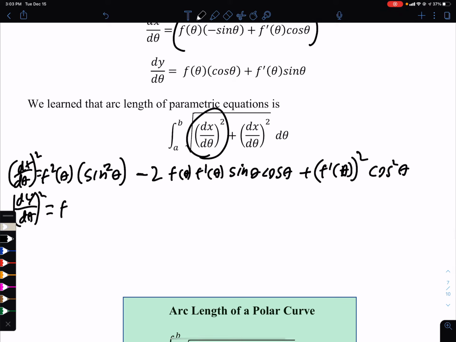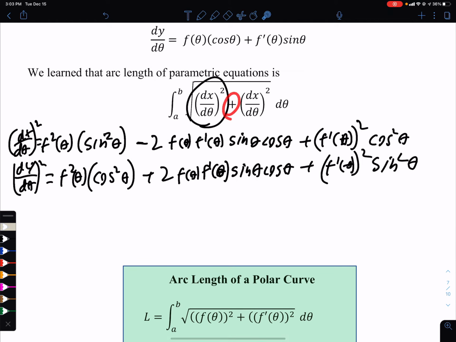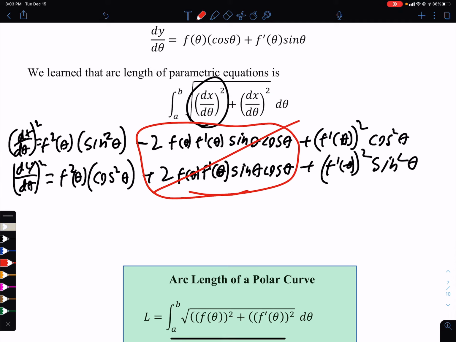That's going to be f squared of theta cosine squared theta plus 2 f of theta, f prime of theta, sine theta, cosine theta, plus f prime theta squared, sine squared theta. Now, if we add these together, as this one suggests, those are opposites. They're going to cancel out.